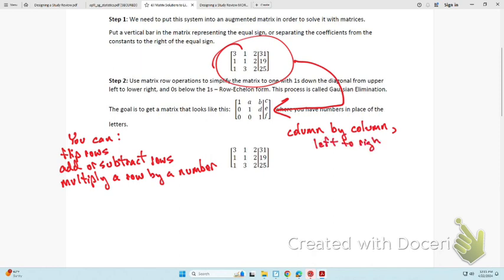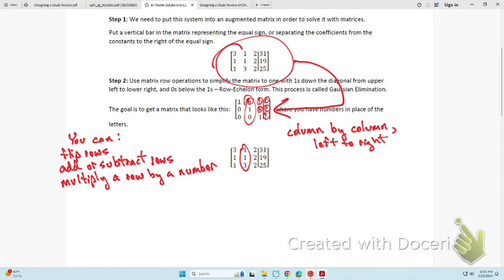So I'm starting by addressing this column, and then once I get that one to look like that, then I move to this column, and I'm trying to make it look like this. All those lowercase letters in these letters, those are just any number. We don't really care about those numbers.